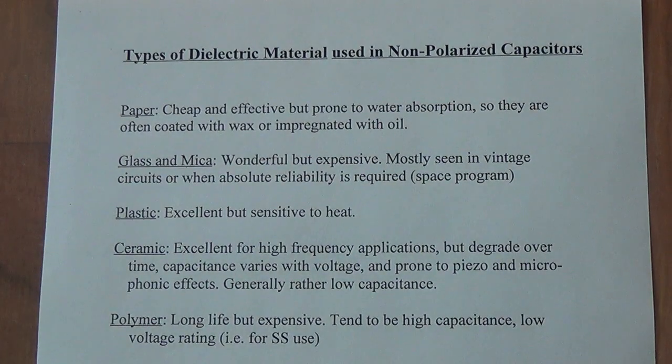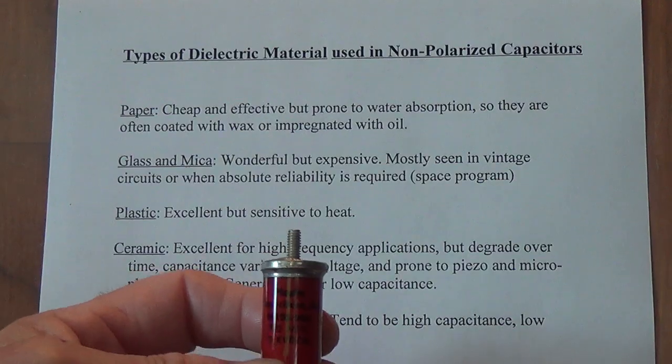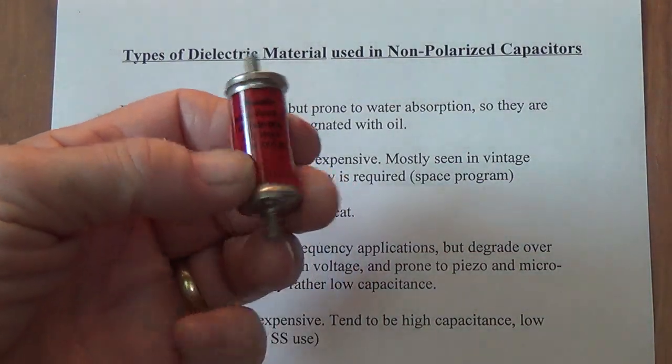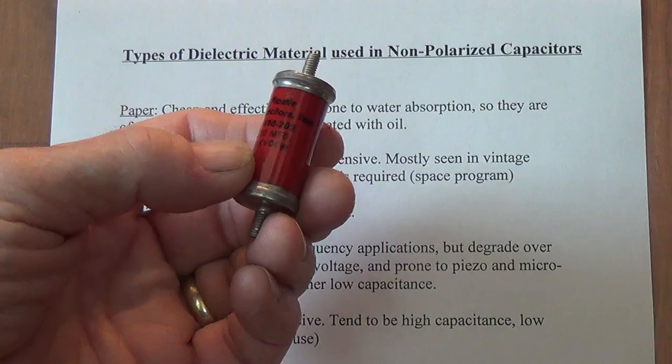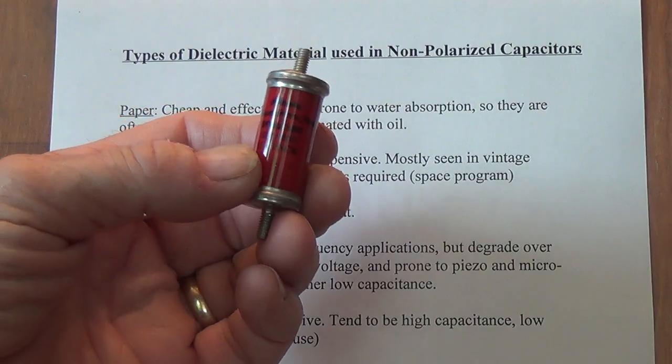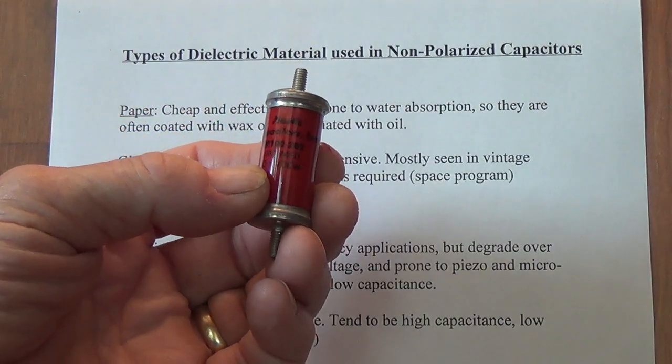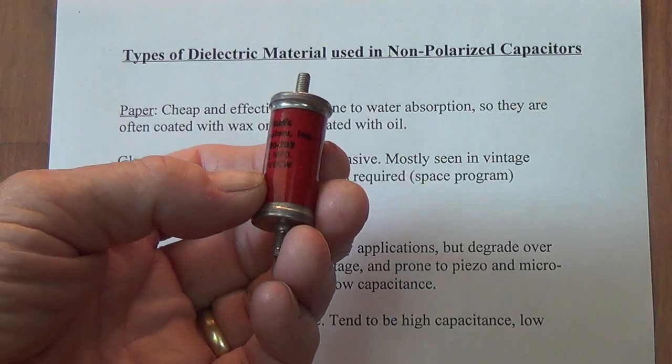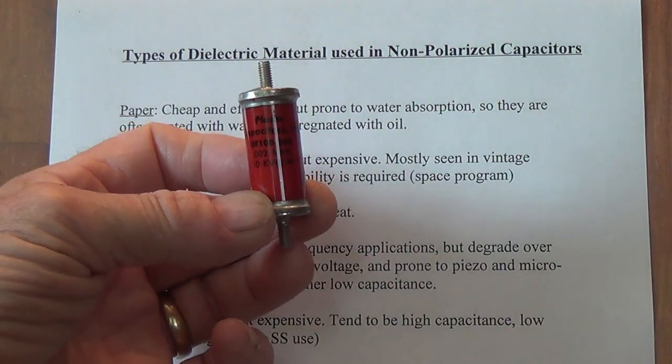The third type are generally called plastic, which doesn't sound very impressive, but they are. Okay, plastic capacitors can come in forms like this with a capacitance of 0.002 microfarads, but a voltage resistance of 10 kilovolts. Okay, fairly stout.